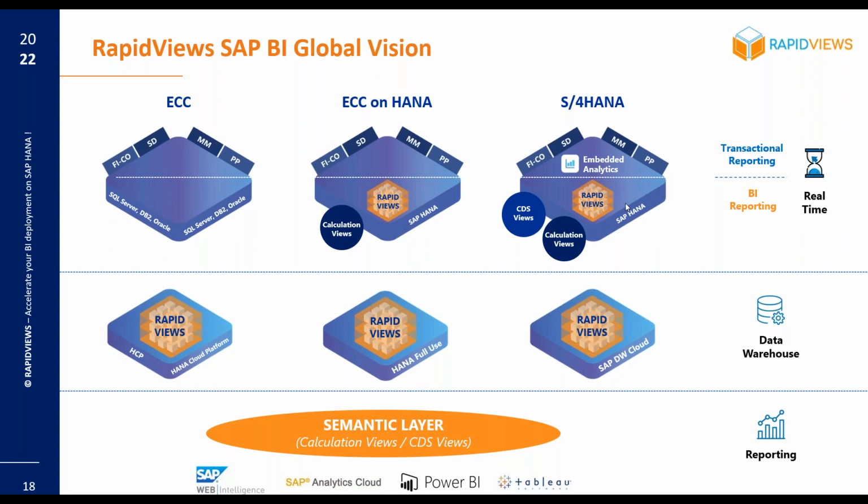It's more strategic reporting. Rapidviews is more used for BI self-service, and embedded analytics is mostly used for static analysis implemented directly for the end user. But Rapidviews can also be used with the Fiori tiles.